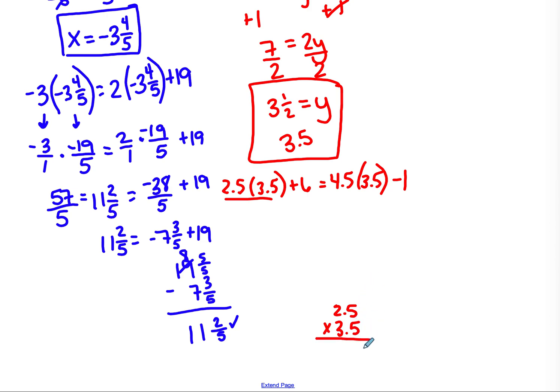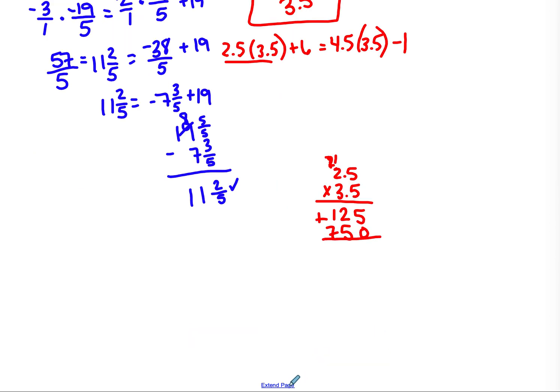5 times 5 is 25. Write the 5, carry the 2. 5 times 2 is 10, plus 2 is 12. Bring down a 0, cross that out. 5 times 3 is 15. 3 times 2 is 6, plus 1 is 7. 5 plus 0 is 5. 2 plus 5 is 7. 1 plus 7 is 8. 2 decimals in the problem, 2 decimals in the answer.